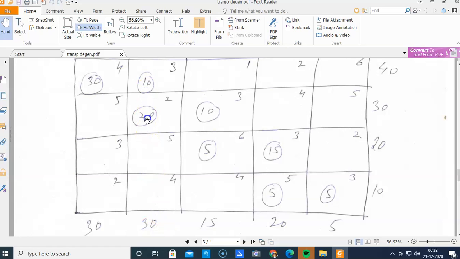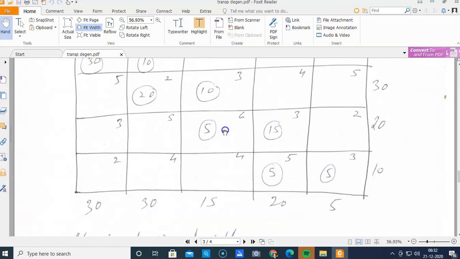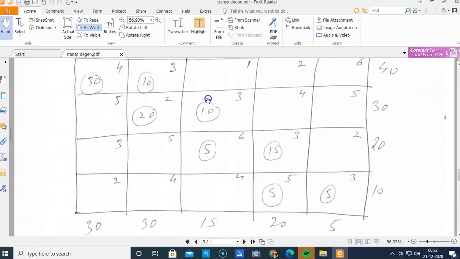Then we move down straight, and we take the minimum of 30 and 20, that is 20 over here, and then all this supply and demand is finished. Then we move directly to the next column, and again we do the same procedure, and in the same way we proceed, and we get this.